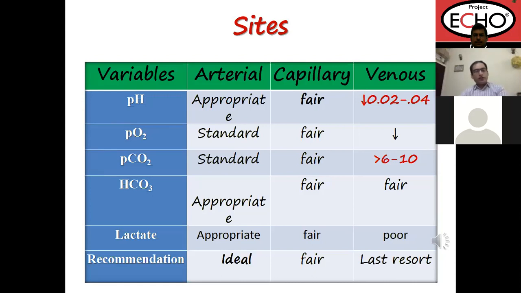The utility of a venous sample is in patients who are on chronic ventilation but have a stable course, for example, patients with BPD. Usually, the pH of the venous sample is lower by about 0.02 to 0.04 compared to the artery, and PCO2 is nearly 7 to 10 higher compared to the normal value.